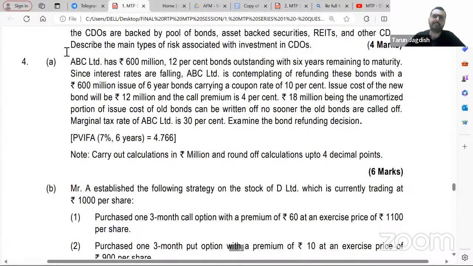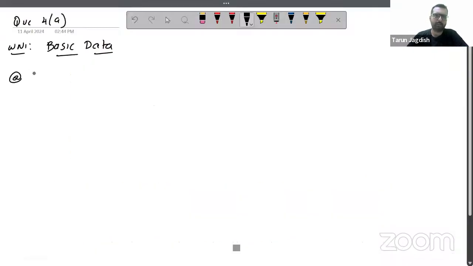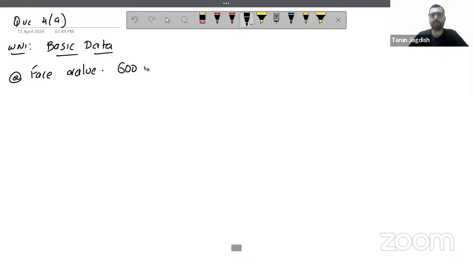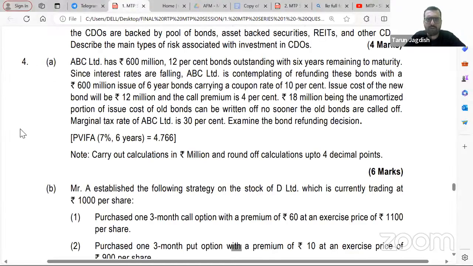ABC Limited has 600 million, 12% bond outstanding with 6 years maturity. So I'll write down face value. How much is the face value? 600 million. What is the remaining life of the bond? 6 years. We have done exactly the same question in class also, friends.